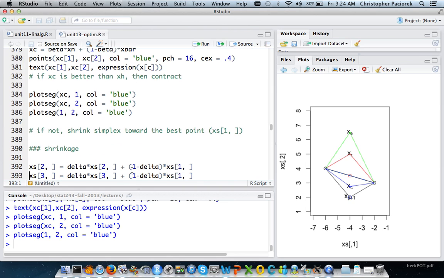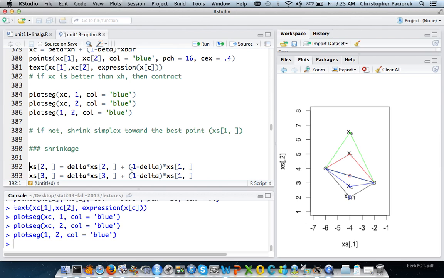Okay, so if that's not the case, then there's a fourth type of move that I can make here, and that's basically to contract towards the best point. So I've been doing a lot of monkeying around here, and basically the story is if I haven't been able to do very well in terms of these various options that I've chosen so far, then what it probably means is I want to move everything towards where the best point is.